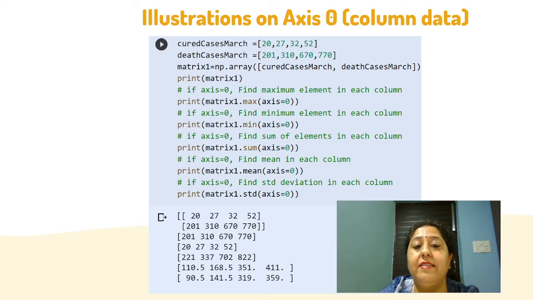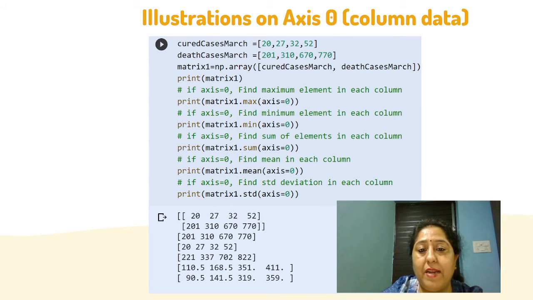This matrix is now a two-dimensional array with 2 rows and 4 columns. The first row consists of data as 20, 27, 32 and 52, and the second row consists of data as 201, 310, 670 and 770.